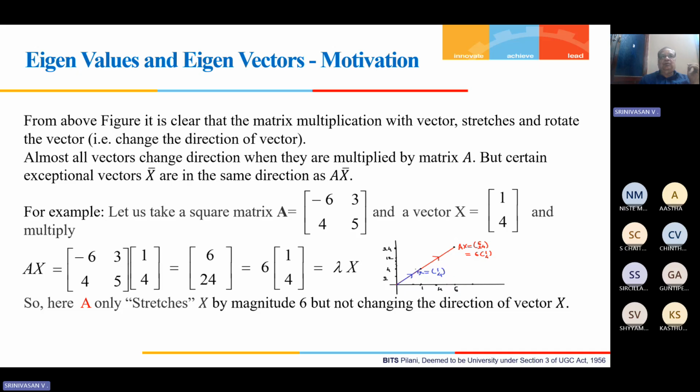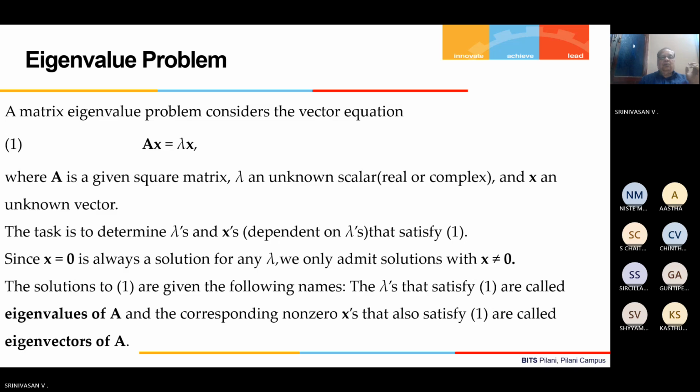This is the motivation behind getting into the concept of finding the values of lambda, which are going to be called eigenvalues. So we can hereafter start with the equation Ax equal to lambda x. Call it equation 1. That kind of equation is justified, we have seen. Here A is a given square matrix, lambda an unknown scalar, real or complex, and x an unknown vector.